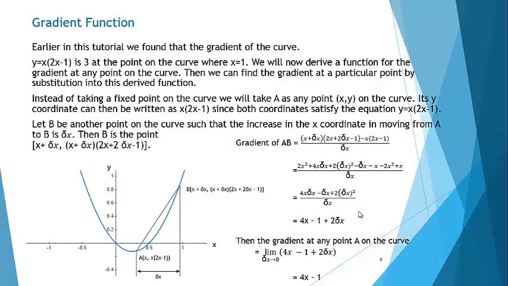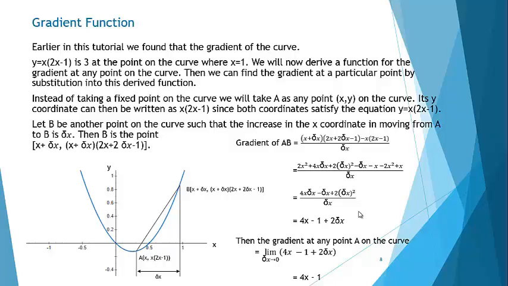Instead of taking a fixed point on the curve, we will take A as any point x comma y on the curve. Its y coordinate can then be written as x bracket 2x take away 1, since both coordinates satisfy the equation y equals x bracket 2x take away 1.